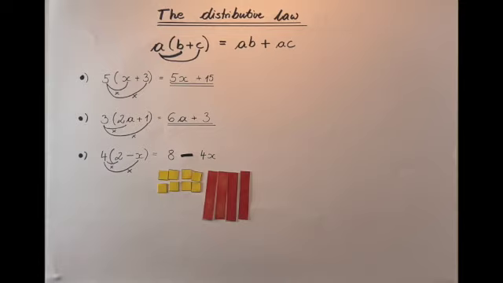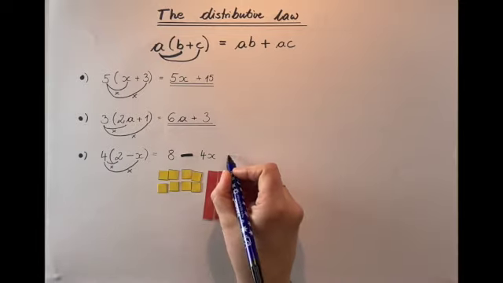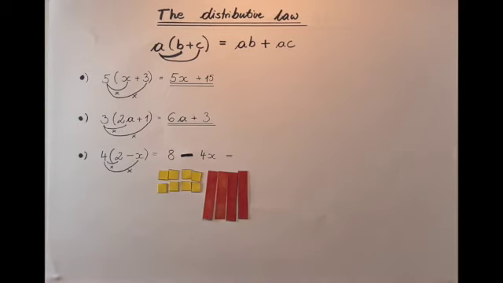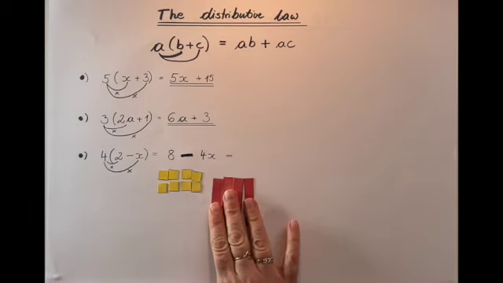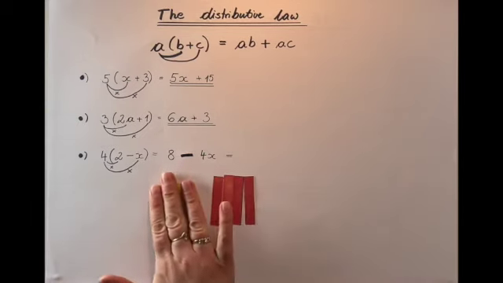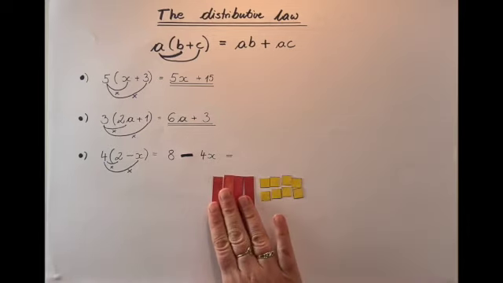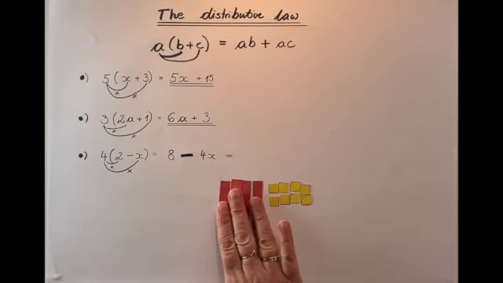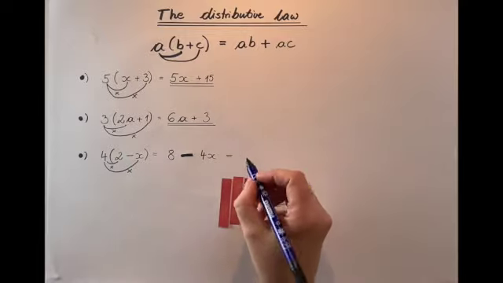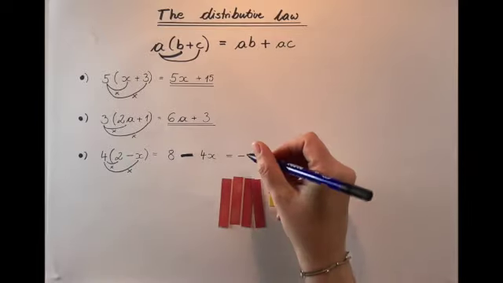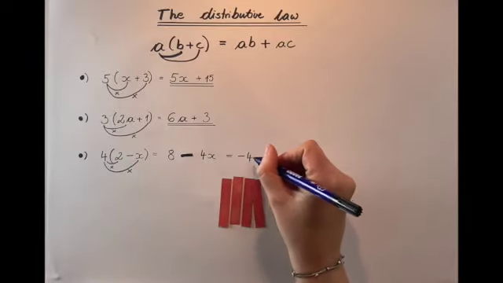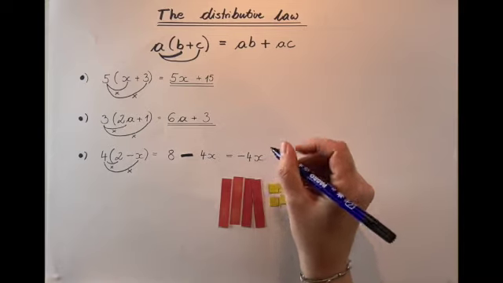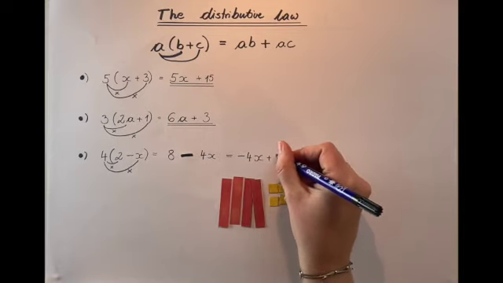So, as I said before, usually we put the variables first. So we might consider swapping these round. And then we would have those negative 4x plus 8.